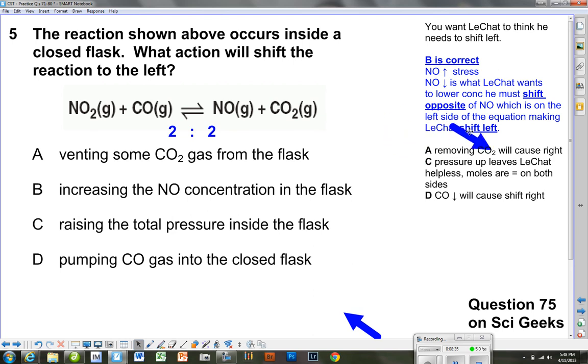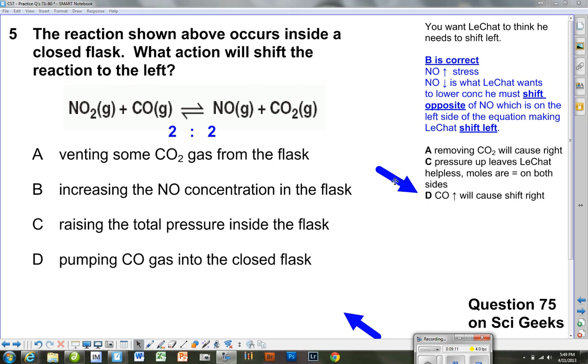So removing the carbon dioxide will cause a right shift, and the pressure up leaves Le Chat helpless because we have an equal number of moles on both sides, which is why I did this, to be able to show you that C is ruled out. And then D, when carbon dioxide goes down, if that's the stress, it'll cause a right shift. So that's not going to help us at all either.